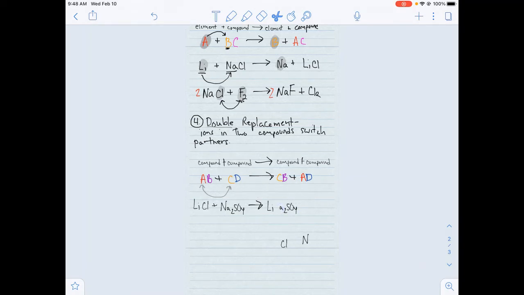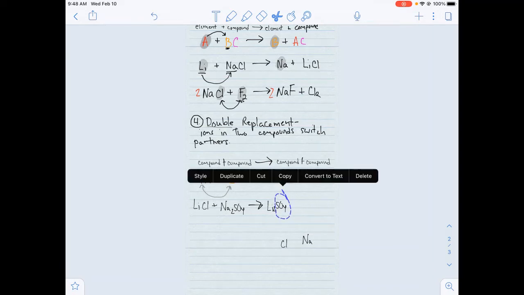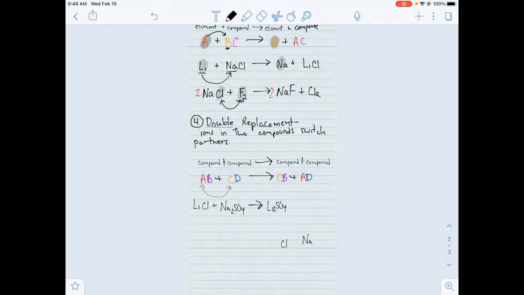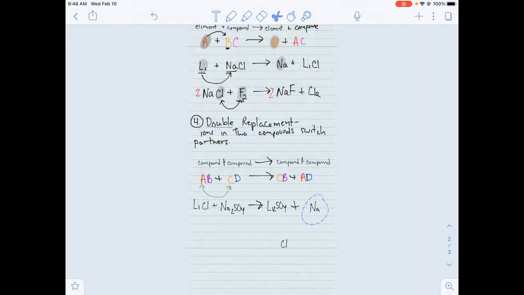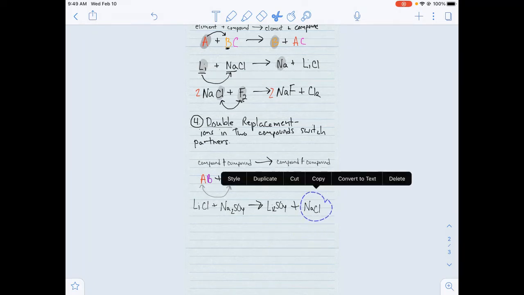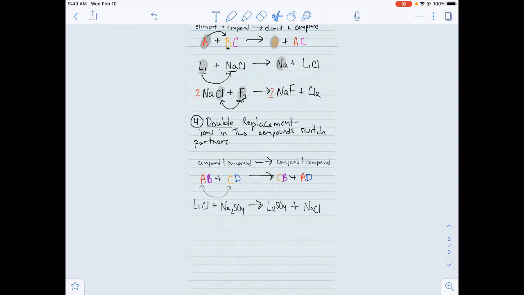Trying to save time, but of course it ends up being longer. All right, undo, try it again. So I had the lithium sulfate, and then I end up having the sodium going with the chlorine. And so you end up with 2 compounds on one side, 2 compounds on the other side.